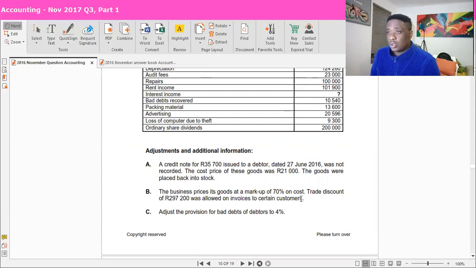So a credit note was issued to a debtor for 37,500 dated 27 June 2016. It was not recorded. Okay, so that's one allowance that we would have to record. And then they mentioned that the cost price of these goods was 21,000, and these goods were placed back into stock.